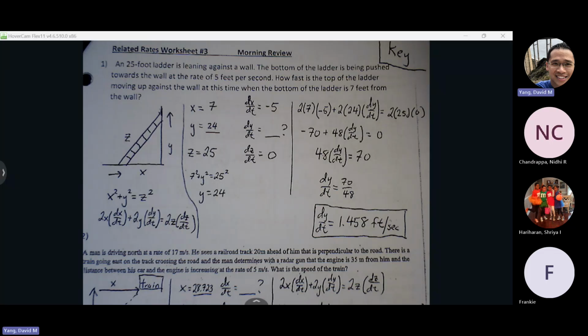Number 2 is also a Pythagorean theorem problem. If I were to give a problem like number 2, I would draw the diagram for you. You wouldn't have to figure out the diagram on your own. So the diagram would be drawn, but it's another Pythagorean theorem problem.